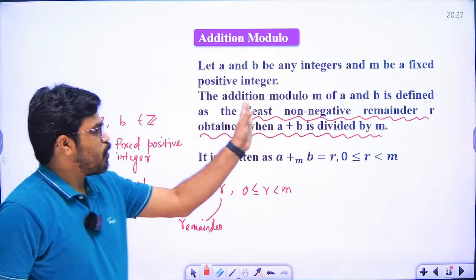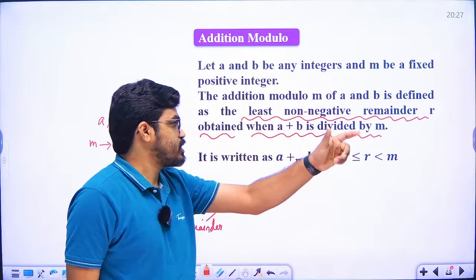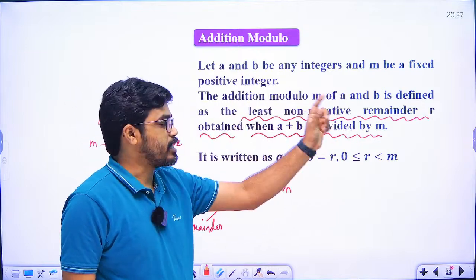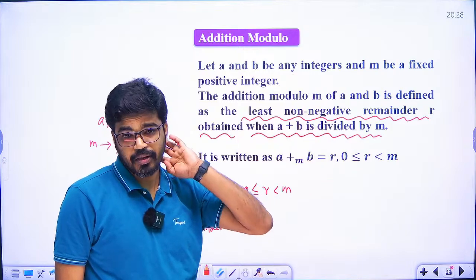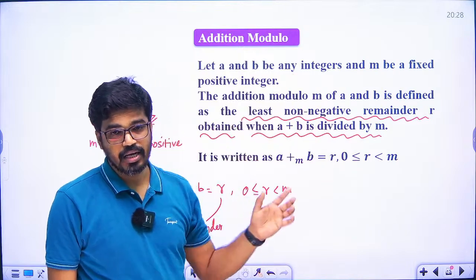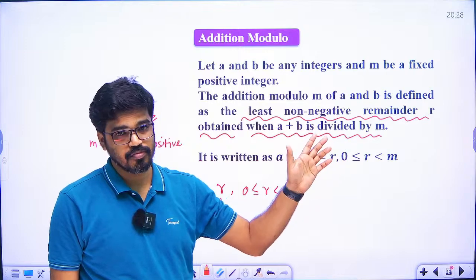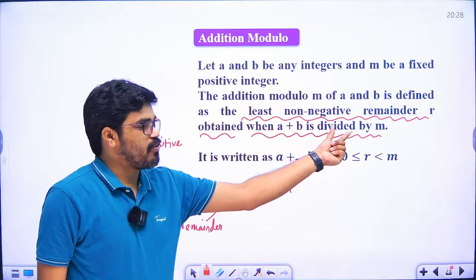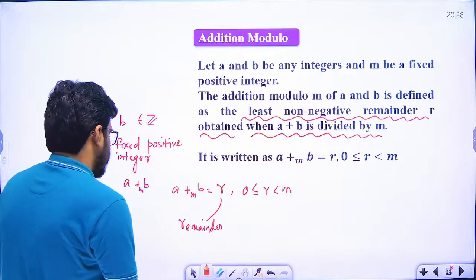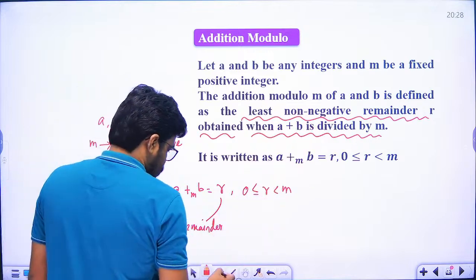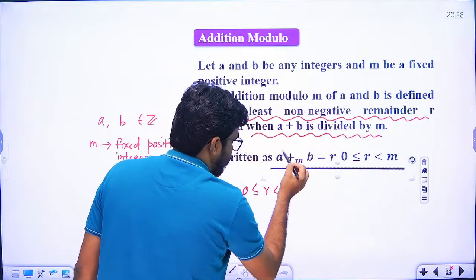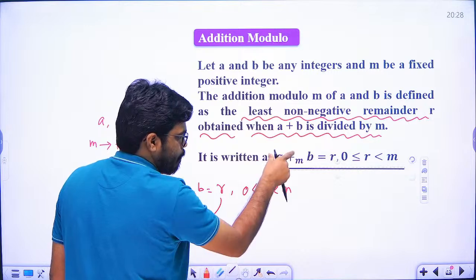The remainder cannot be negative, remainder is always non-negative. It is obtained when a plus b is divided by m, and that is written in the form a plus m b.